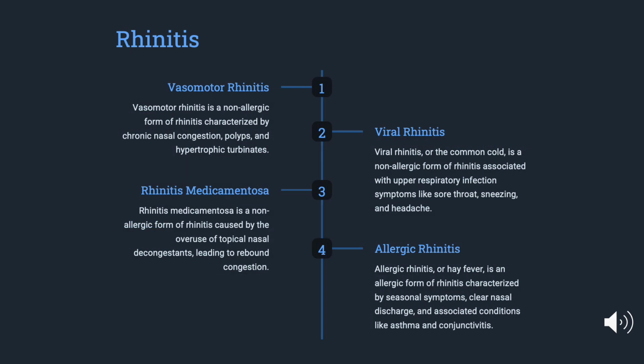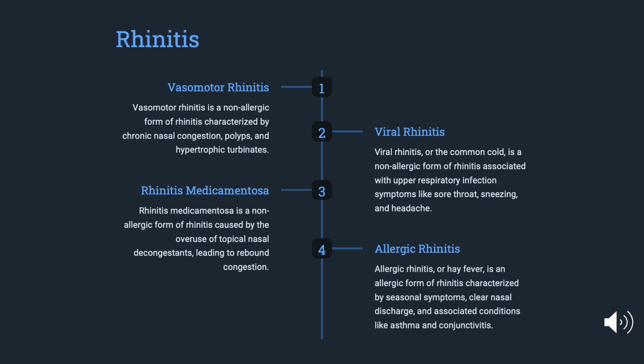Vasomotor rhinitis represents a non-allergic manifestation of rhinitis, marked by chronic nasal congestion, polyps, and hypertrophic turbinates. Viral rhinitis, commonly known as the common cold, is another non-allergic form of rhinitis, typically accompanied by upper respiratory infection symptoms such as sore throat, sneezing, and headache.